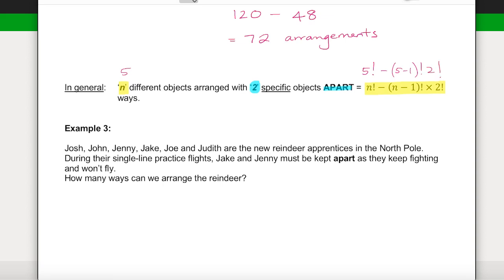Now if we take a look at this, this is the number in the total, subtract the number of them being together. This was when they were grouped. And that's how we can arrive at our solution for the number of arrangements.